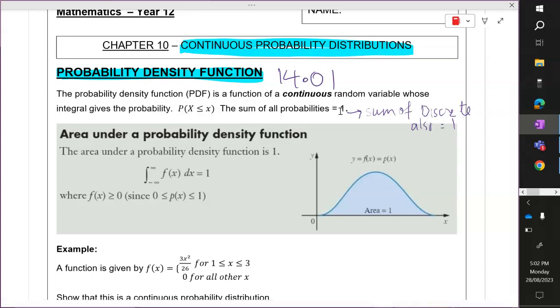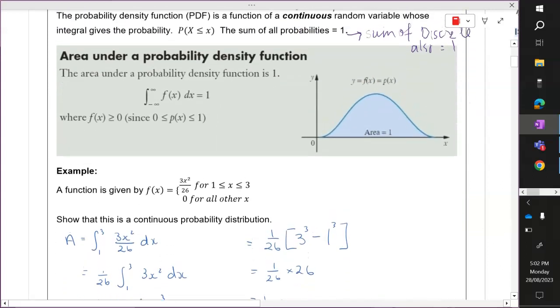That's still going to be the case, but we're going to have a function f(x) that describes our continuous data, and the area underneath that function is equal to 1. Still, the sum of all the probabilities is shown underneath that graph, and then we're just going to pick off different parts along the x-axis and figure out what that area is, and that will help us answer the question.